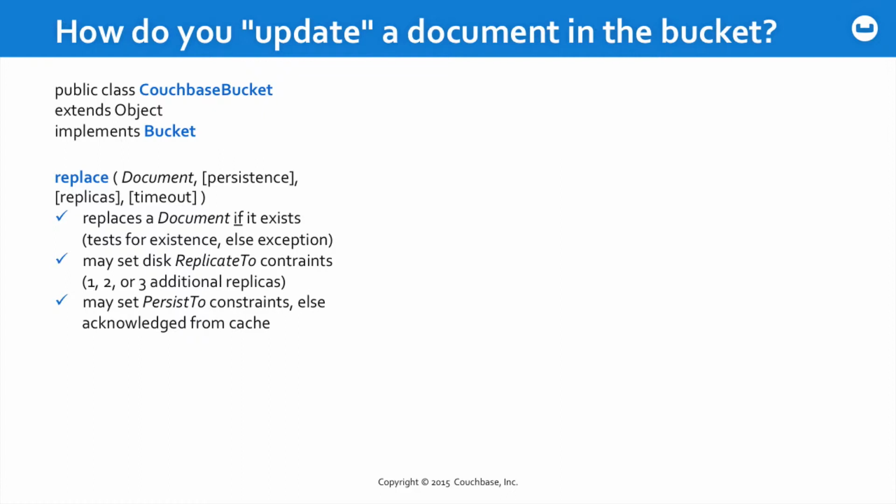Now, normally a replace operation is acknowledged as soon as the replace happens in memory, but you can cause the acknowledgement to wait until the replacement has been persisted to disk, and so on, if that's necessary for the requirements of your application. You can also set a timeout, and it returns a document with an updated check and set value. As we've said, we'll talk about CAS or check and set more in a later lesson.